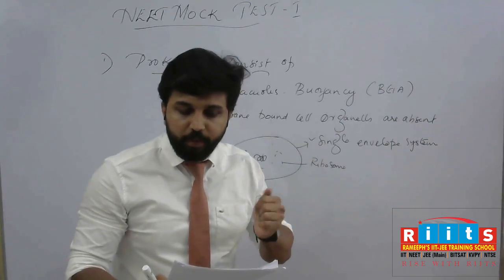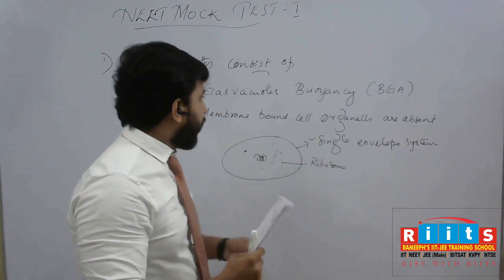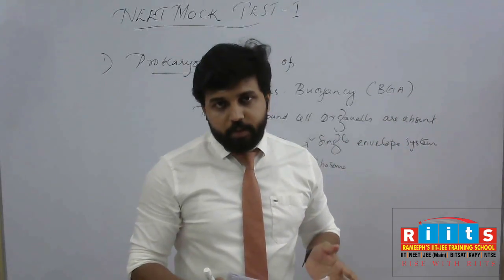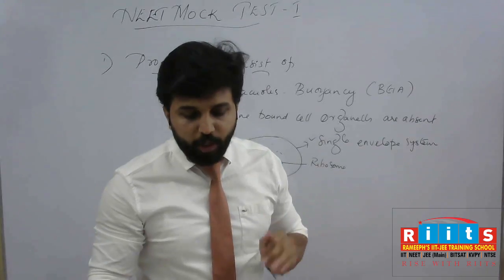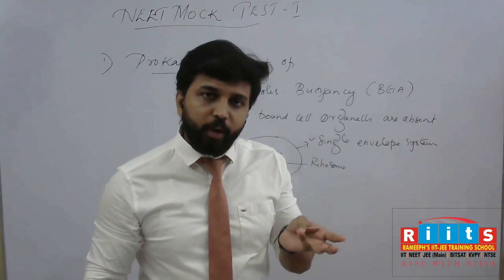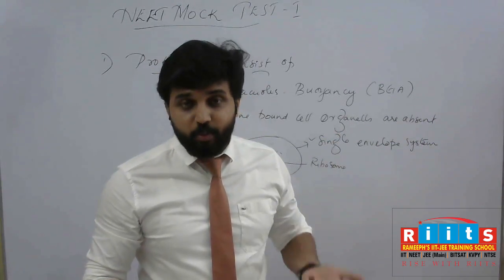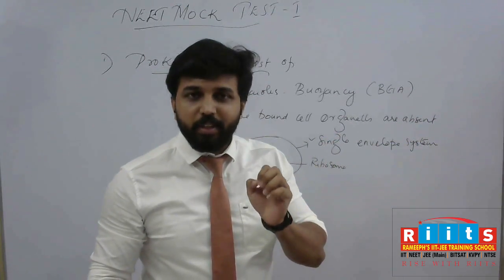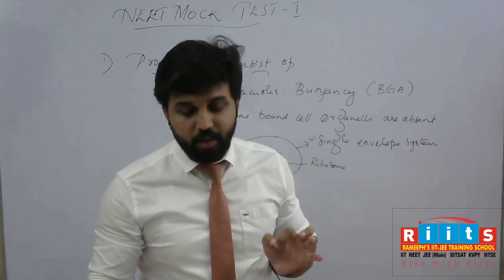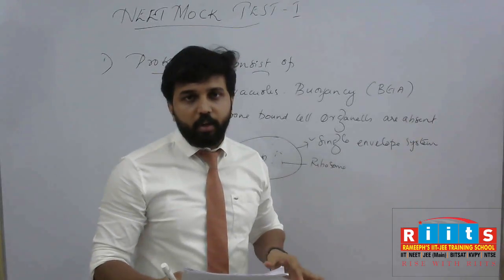Then the next one, cytoskeleton. Cytoskeleton is usually seen only in eukaryotes, and we already know that it is absent in prokaryotes. In the latest research it is mentioned that some cytoskeletal-like elements are present in prokaryotes, but that is not updated in our syllabus.